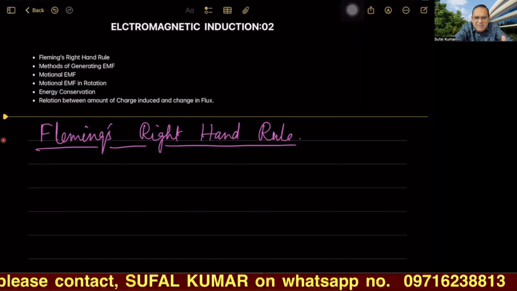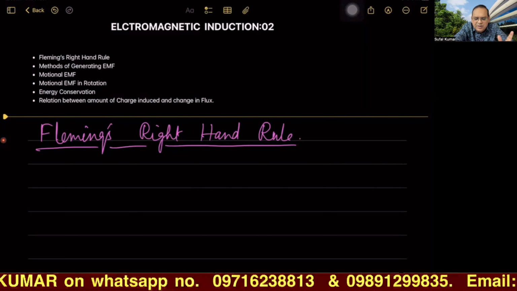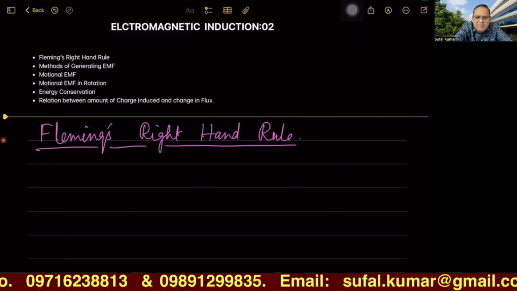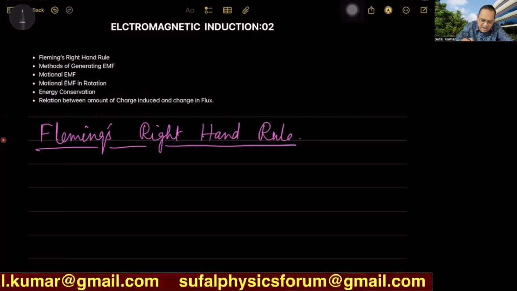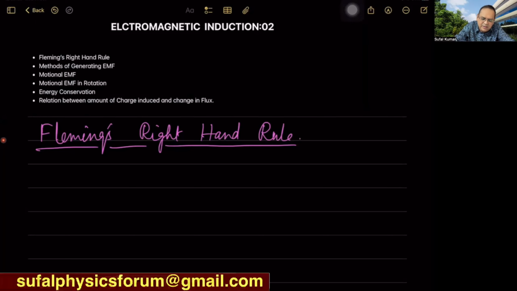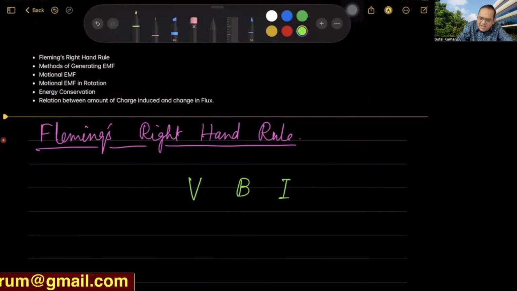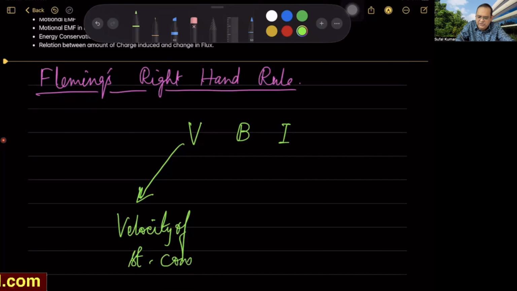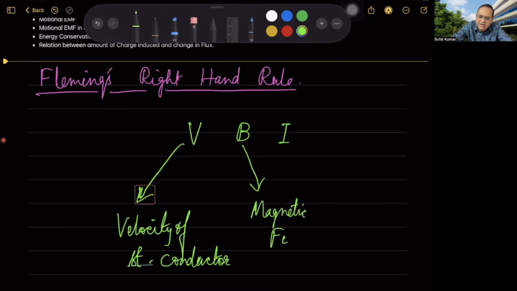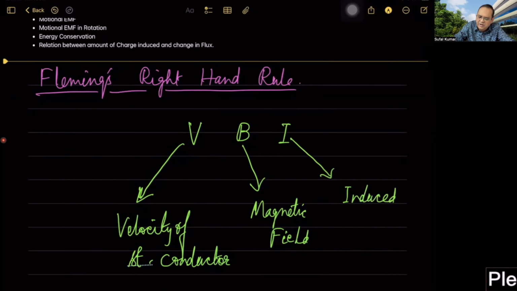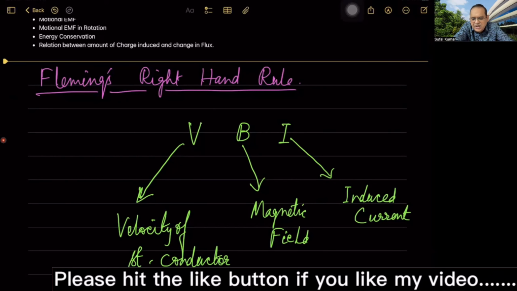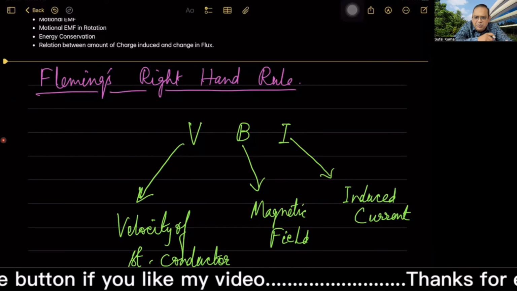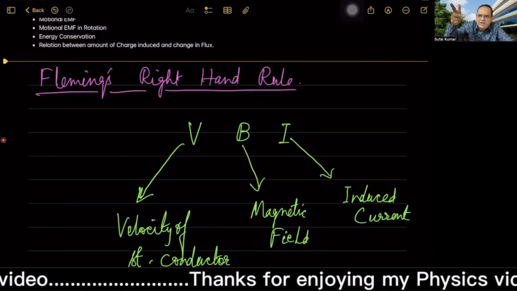In the same way, this time for Fleming's right hand rule, we think on the same pattern: V, B, I. V is the velocity of the straight conductor, B the magnetic field, and I the induced current, such that these three physical quantities are mutually perpendicular to each other.